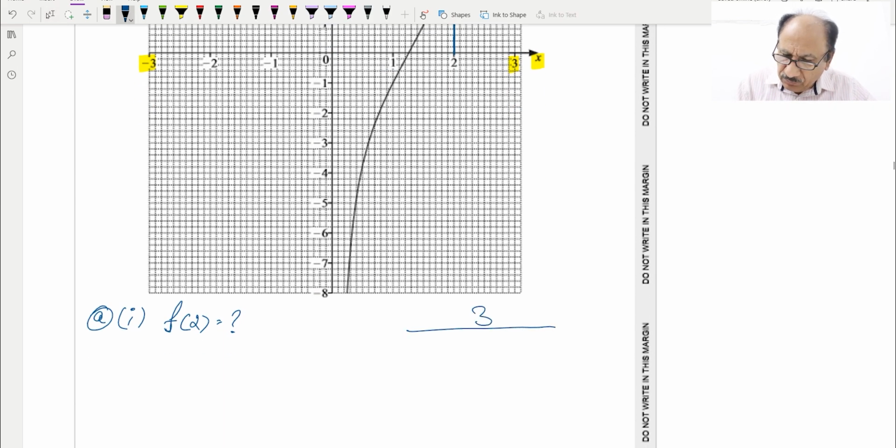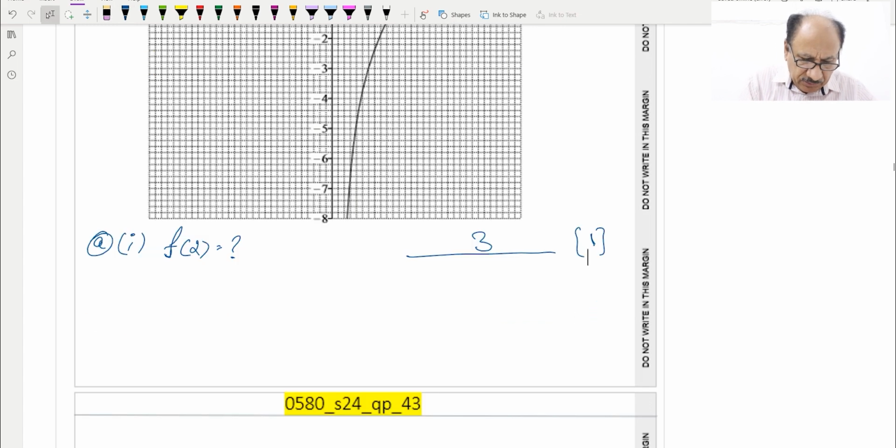So the answer will be 3, and this is the 1 mark part which is done. Now the second part says use the graph to solve the equation f of x is equal to 5.